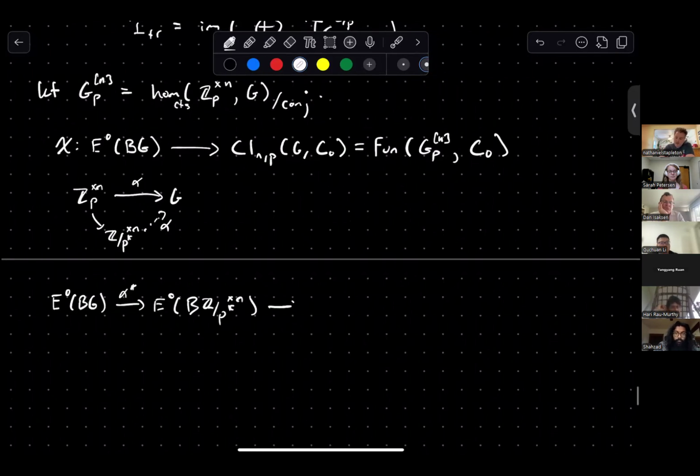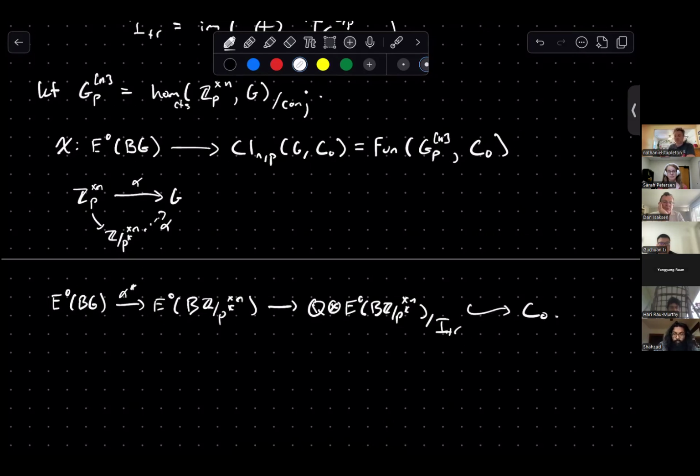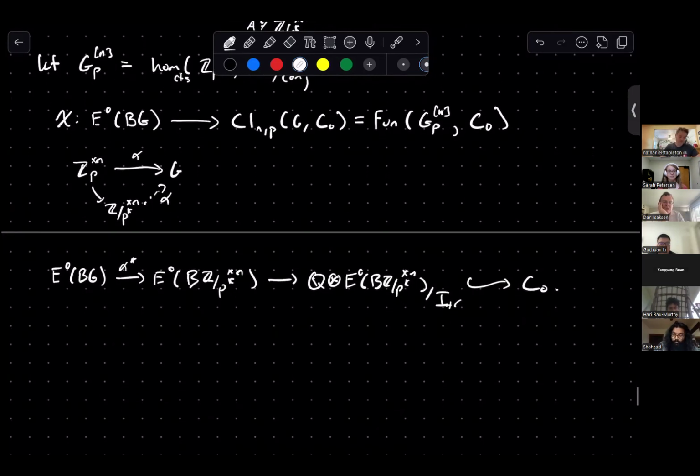And now I can rationalize and mod out by that ideal that I just described. And that's the rationalization of level structures. And so C_0 was a colimit, and so this maps to C_0. And there it is. That's how the character map is constructed.